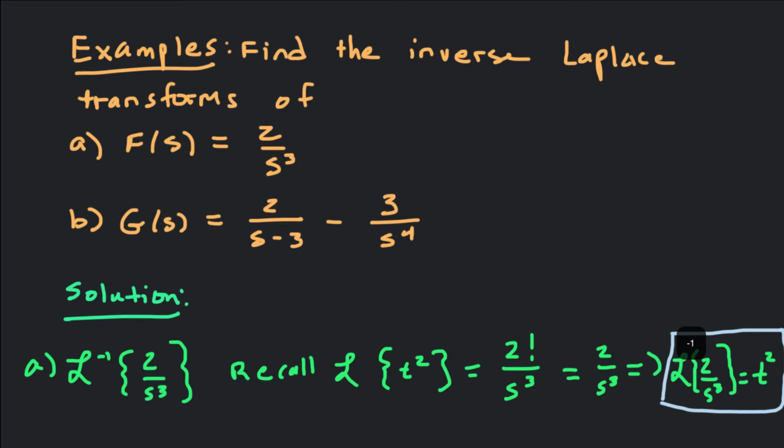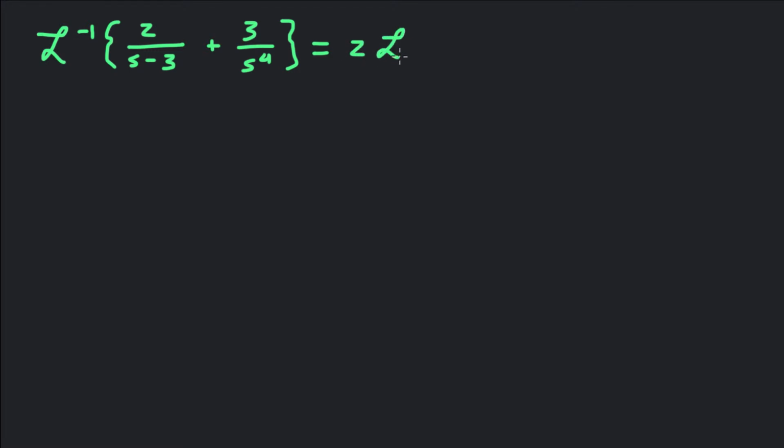All right, so let's look at the second one here: 2 over s minus 3 over s to the 4. That's our function, and we want to take the inverse Laplace transform of that. By linearity, we can pull that 2 out and say that this is 2 times the inverse Laplace of 1 over s minus 3, and same thing for the second one, 3 times the inverse Laplace of 1 over s to the 4.